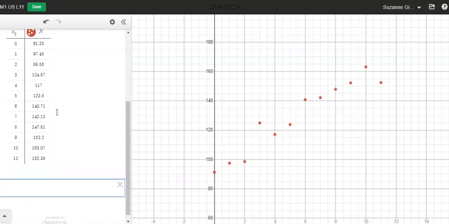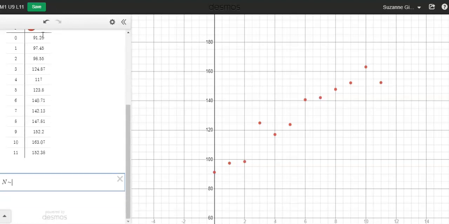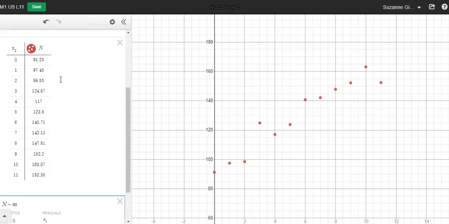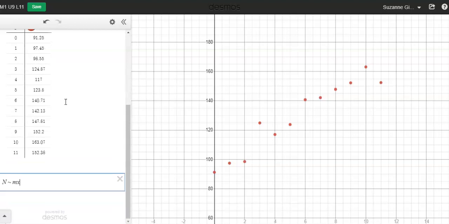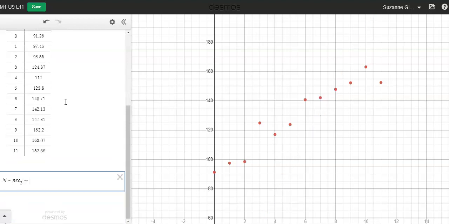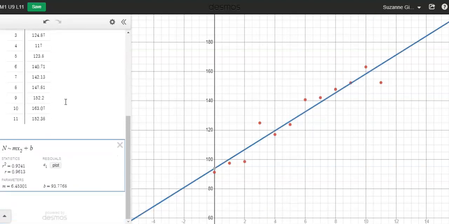For linear regression, I need to pay attention to how my variables are labeled. My output here, I put an N for Netflix, so I'm going to put N, and then a tilde, and then I want the slope, so that's m for slope, and then I need to look at what my independent variable is labeled as, and it's x sub 2, so I'll type x2, and then plus b for y-intercept.